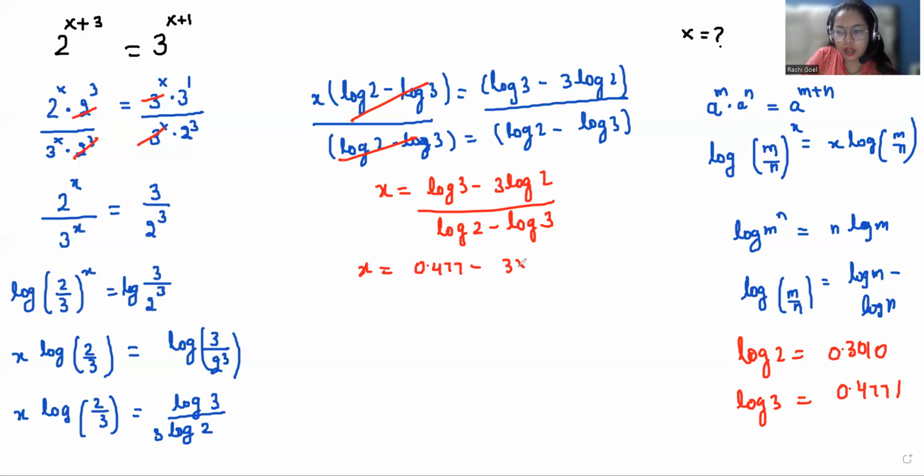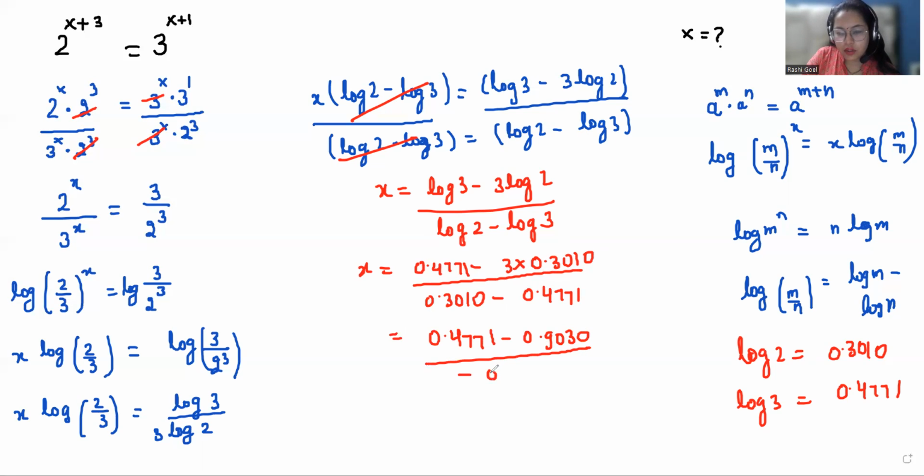0.4771 minus 3 times 0.3010 divided by 0.3010 minus 0.4771. So 0.4771 minus 3 times 0.3010 is 0.9030 divided by negative 0.1761.